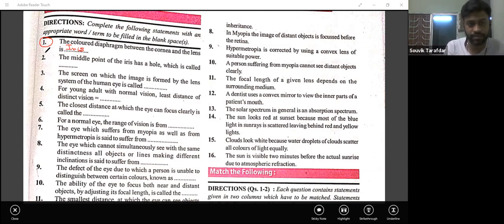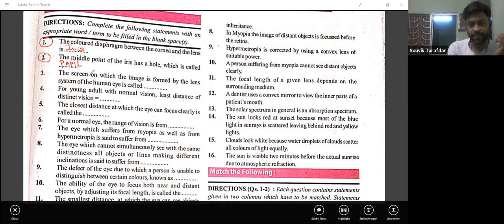So the next thing is, the middle point of the iris has a hole which is called dash. Pupil. I want Oishani also to answer.